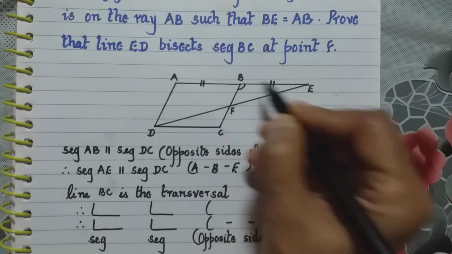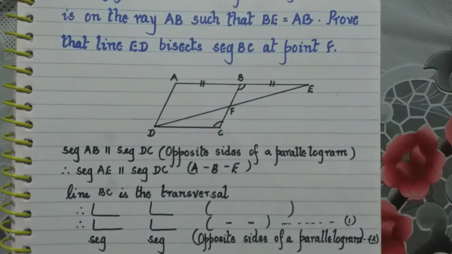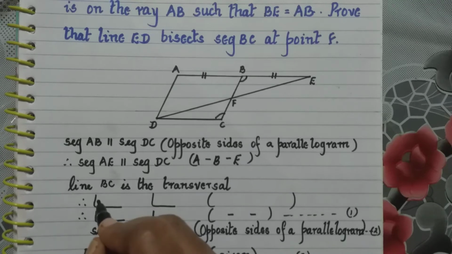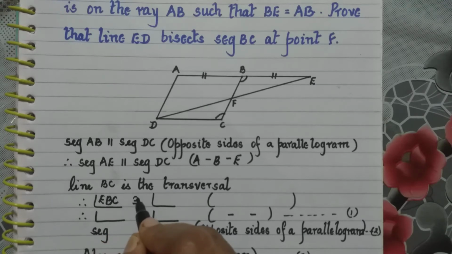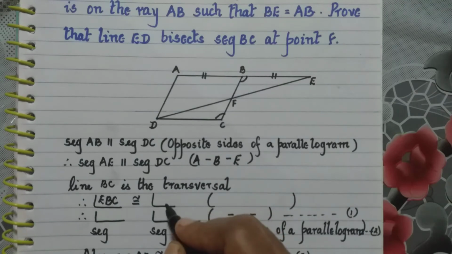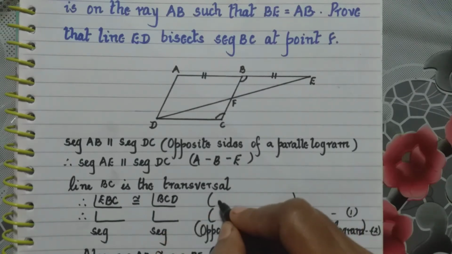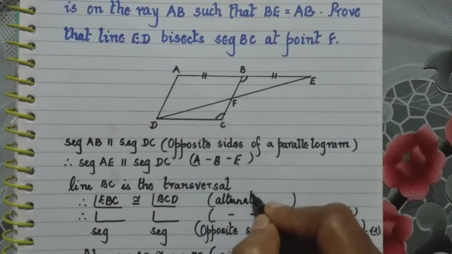So we write here angle EBC is congruent to angle BCD. What is the reason? They are alternate angles.